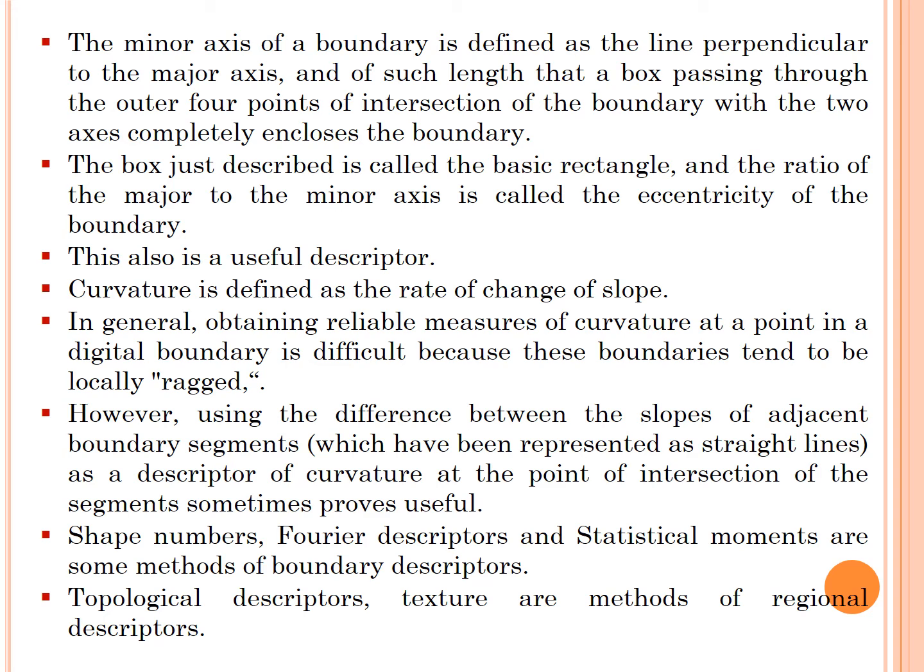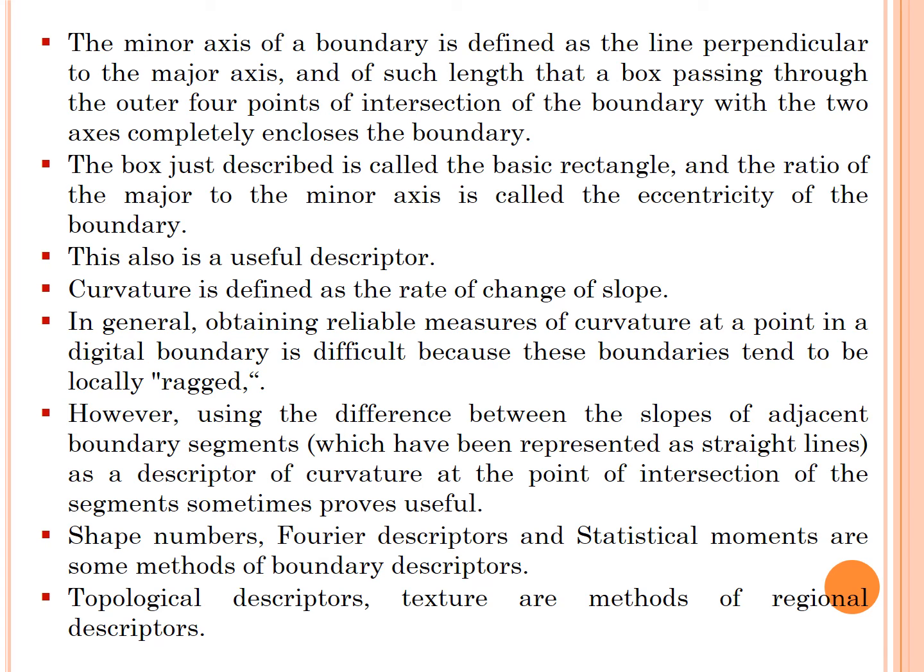The minor axis of a boundary is defined as the line perpendicular to the major axis and of such length that a box passing through the outer 4 points of intersection of the boundary with the two axes completely encloses the boundary. The box just described is called the basic rectangle, and the ratio of the major to the minor axis is called the eccentricity of the boundary. This also is a useful descriptor.